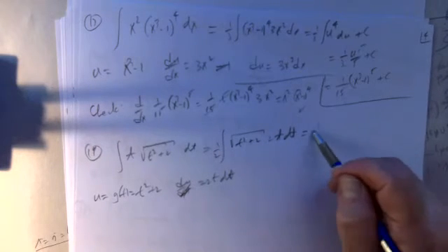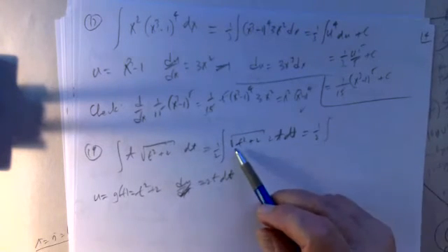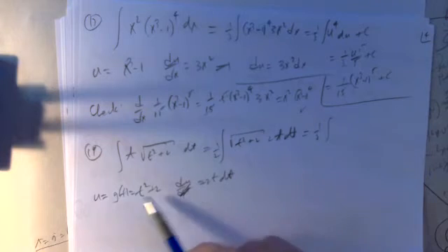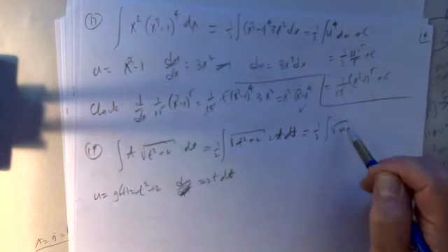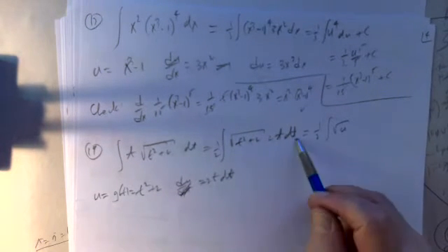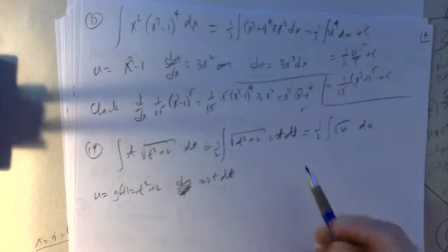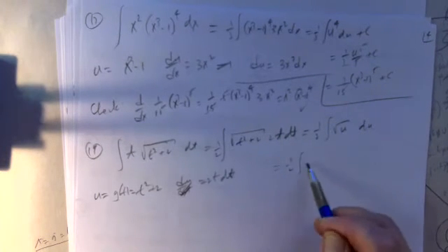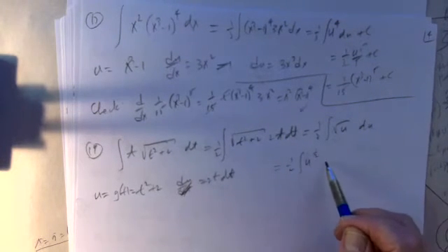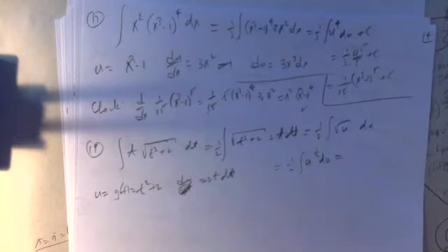When I substitute, I get 1/2 the integral of square root of t squared plus 2, that's square root of u, and 2t dt is du. So this is 1/2 the integral of u to the 1/2 du. So what is the answer to this problem?